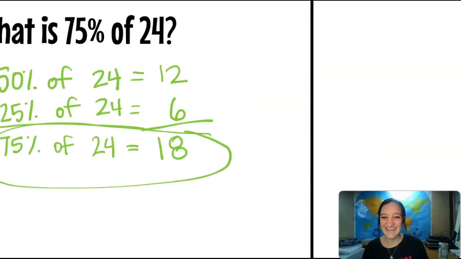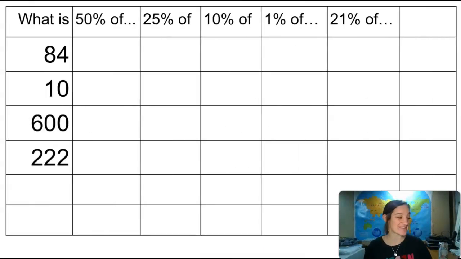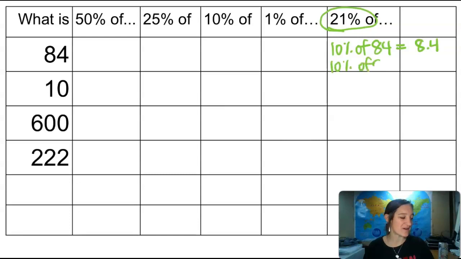Kind of cool, huh? How you can use those 50, 25, 10, and 1 to maybe find some other things. Like maybe you could find 21% of 84 by finding 10% of 84, which is 8.4, and doing another 10% of 84, which is 8.4.